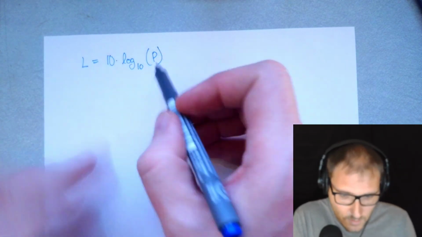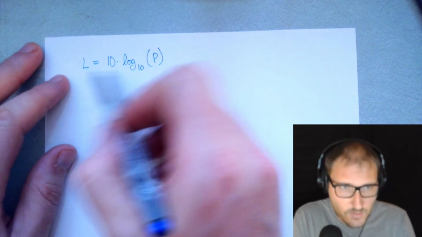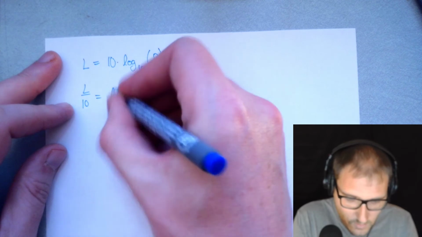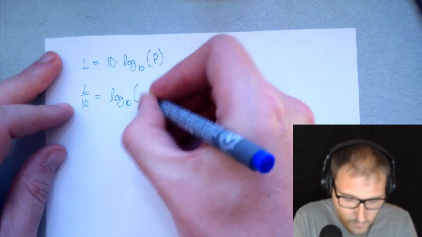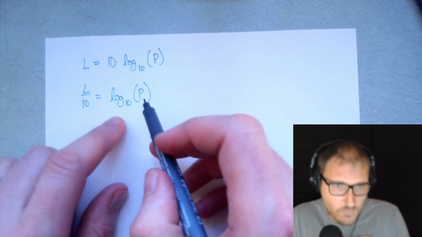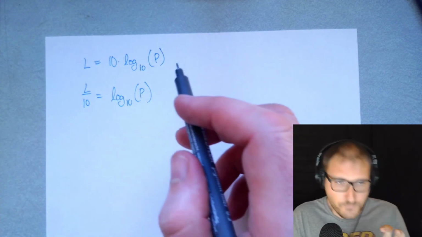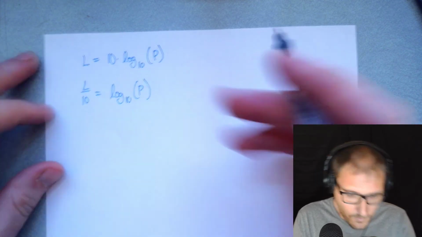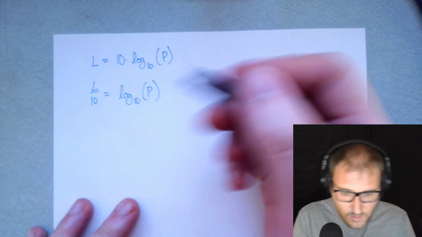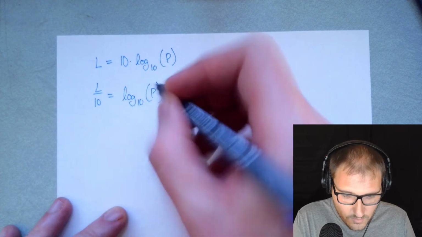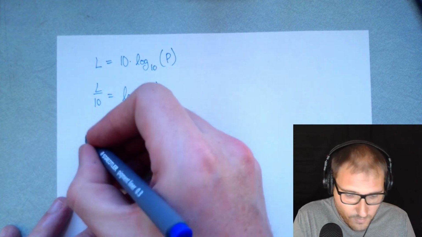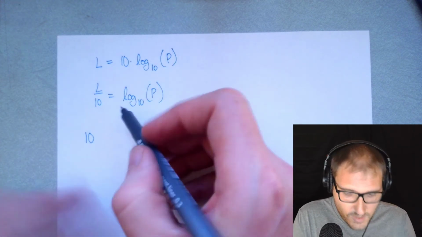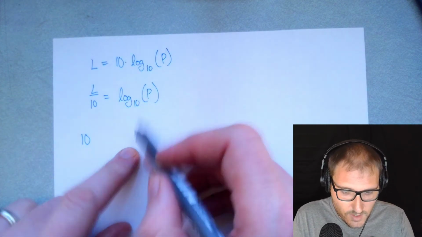We are just doing some algebra, do the same thing to both sides. We're going to divide by 10, so L over 10 is equal to log base 10 of P. Undoing a logarithm means you raise both sides of the equation to the same power. The base is 10, so 10 to this side and 10 to that side.